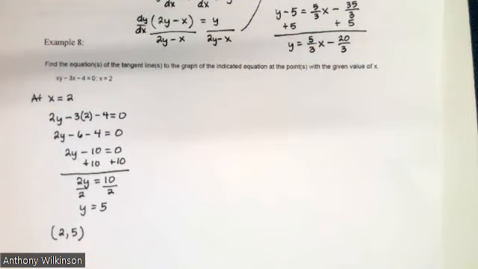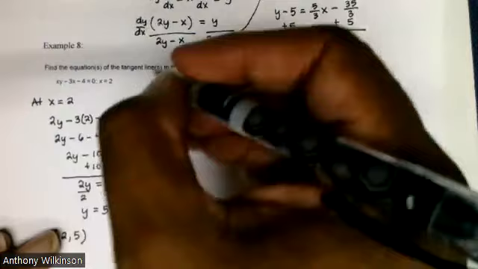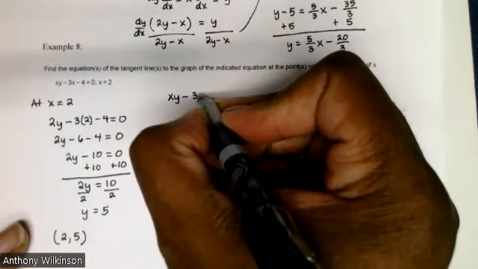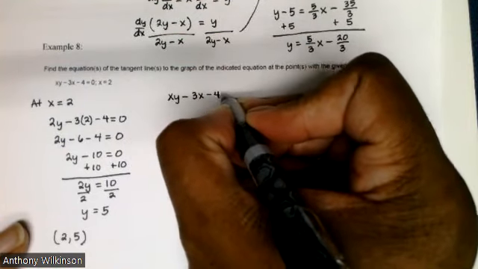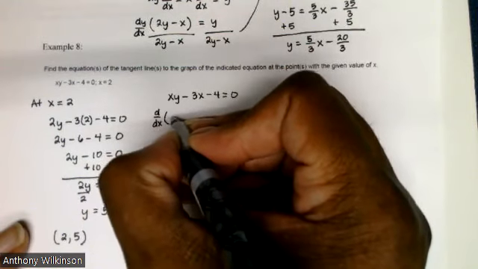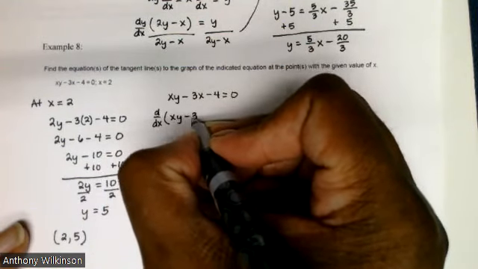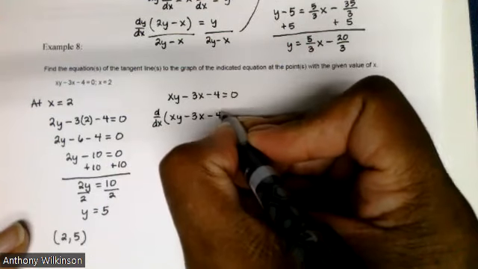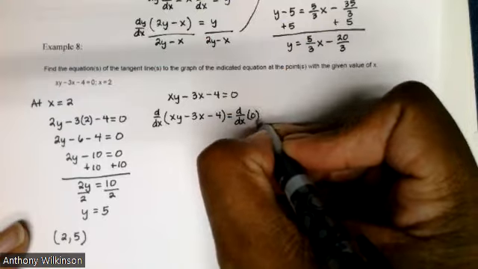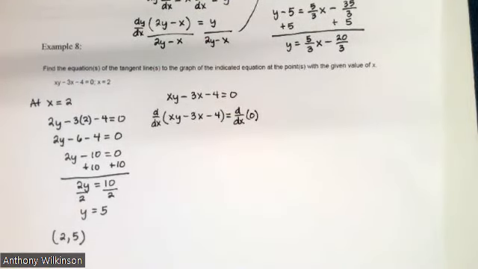And now we're going to use implicit differentiation to find the slope of the tangent line. So we got xy minus 3x minus 4 equal to 0. And we're going to differentiate each side of this equation with respect to x. All right, for the derivative of x times y, we must use the product rule.